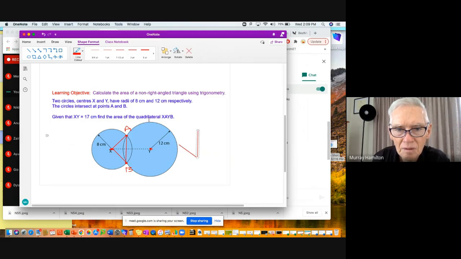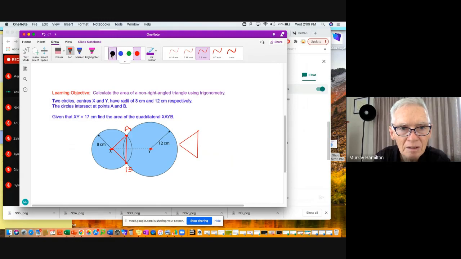I've got to go and grab a line every time. So then I call this triangle XAB. Here is X, here is A, here is B.